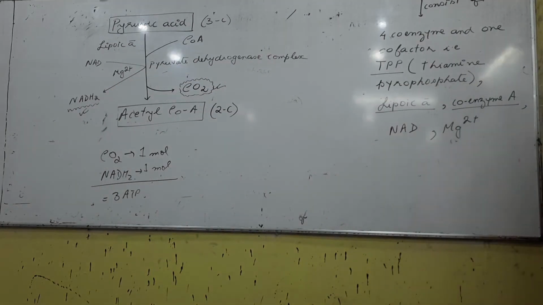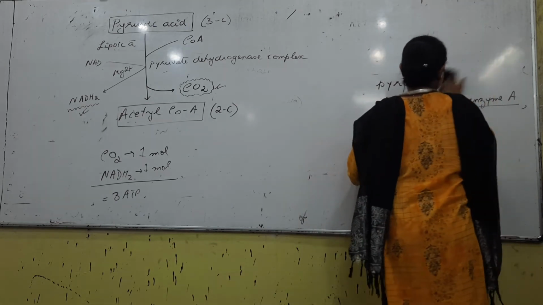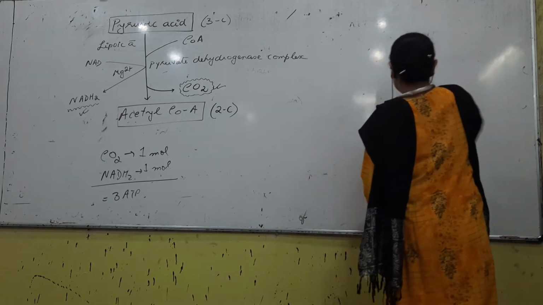So this is the link reaction. Next is the second step, that is Krebs cycle. Heading koriba Krebs cycle.